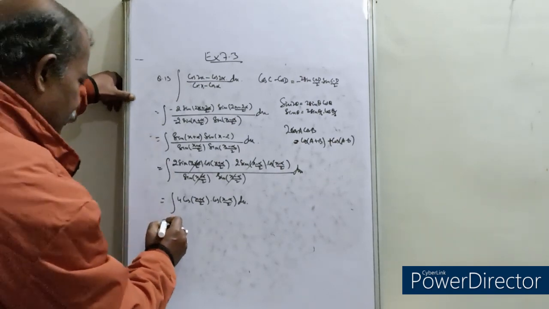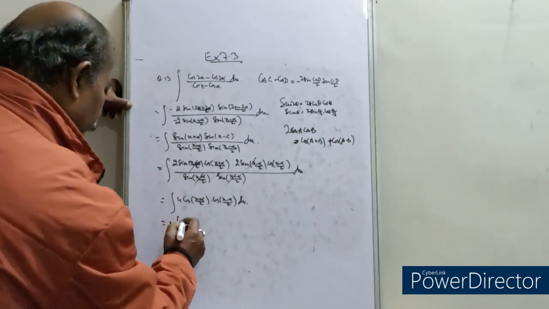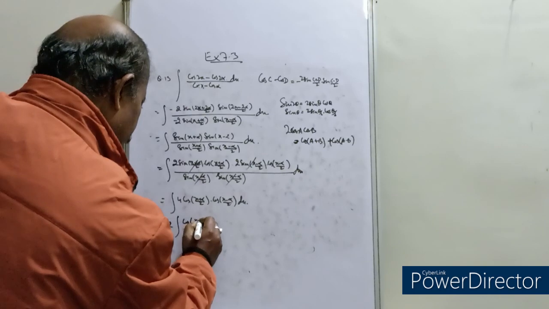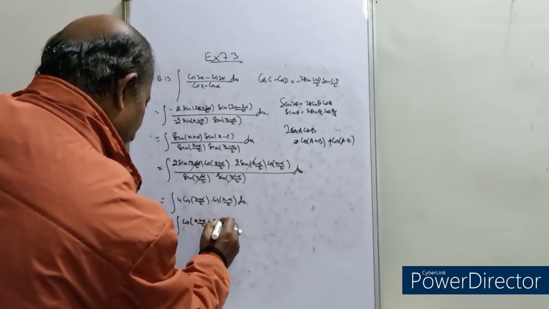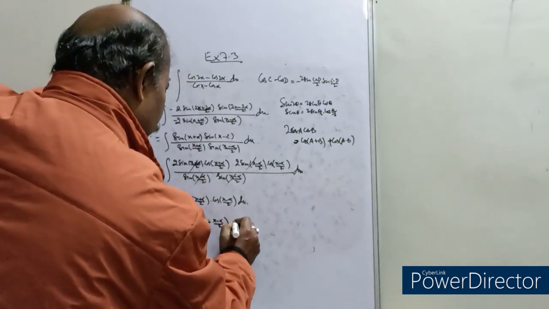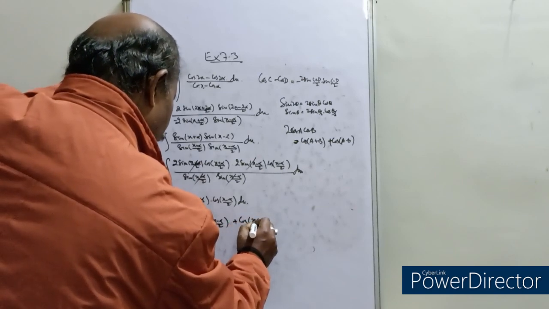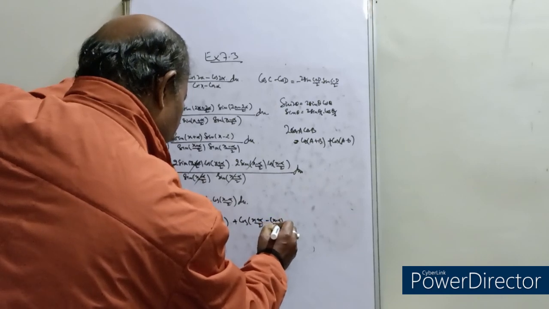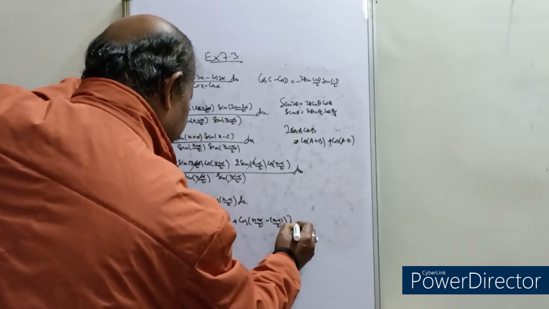This becomes equal to 2 times cos (A plus B), that is x plus alpha by 2 plus x minus alpha by 2, and plus cos (A minus B), that is x plus alpha by 2 minus x minus alpha by 2, dx.